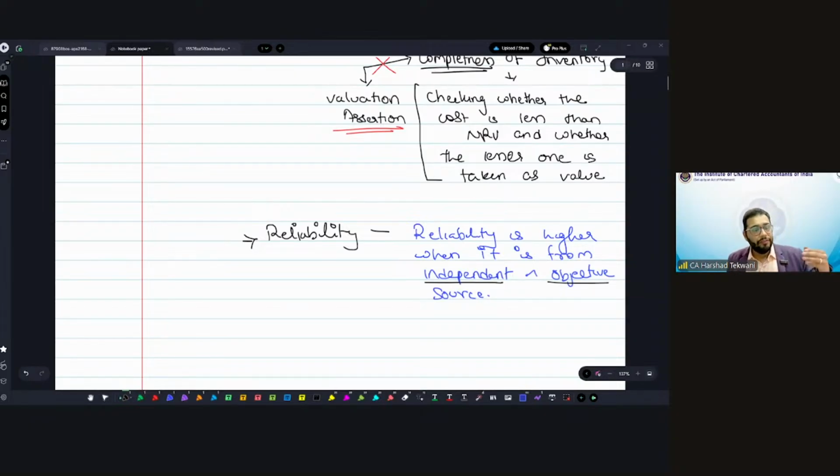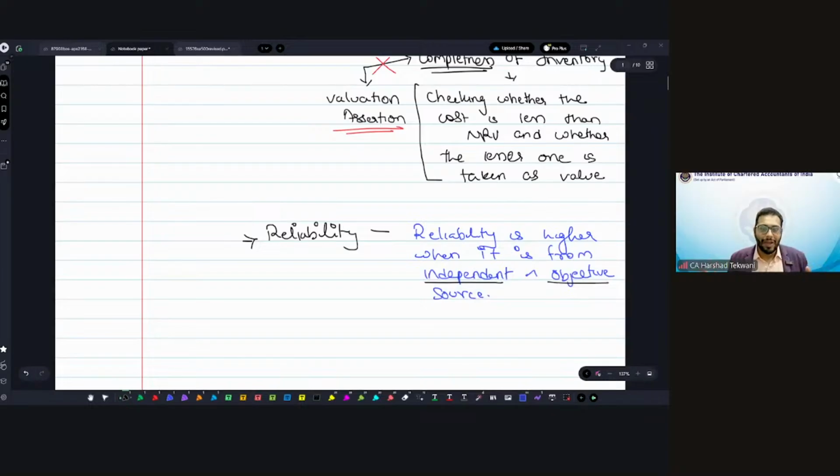What if it is the valuation of inventory which is of a special nature? For example, I'm not sure how many of you have done the audit of companies which are into the jewelry business, precious gems. But over there, each and every item of the inventory is altogether a different scenario with respect to valuation.